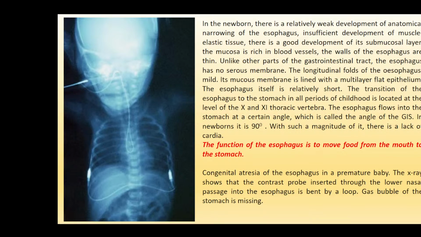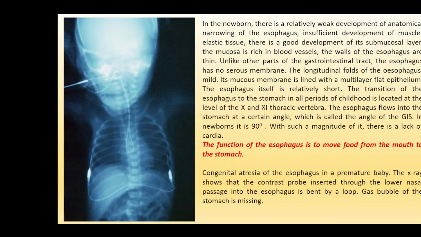The esophagus flows into the stomach at a certain angle, which is called the angle of His. In newborn, it's 90 degrees. With such a magnitude, there is a lack of cardia function. The function of esophagus is to move food from mouth to stomach.